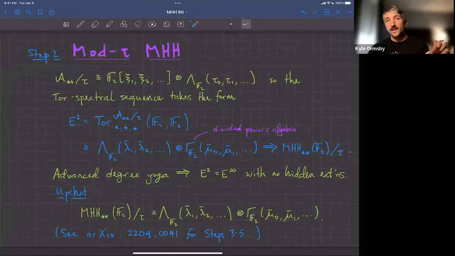And furthermore, in this case, there are also no hidden extensions. So once you've checked that arithmetic and combinatorics of where things lie in this trigraded spectral sequence, you deduce that E2 is equal to E infinity, and that is the mod tau coefficients of MHH. So here we just have exterior, tensor, divided powers.